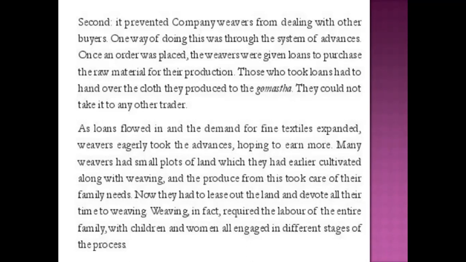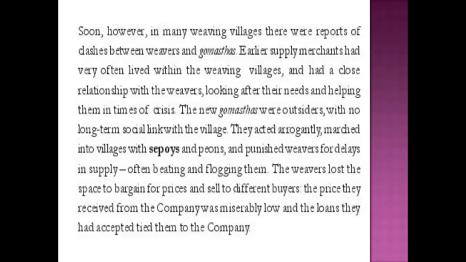The produce from the plots had met their family needs, but now they were totally dependent on weaving. Now they had to lease out their land because they were not getting a proper price. Weaving in fact required the labor of their entire family, children too, all working together in the same process. In this way, the weaver was totally dependent on the Gomastha.